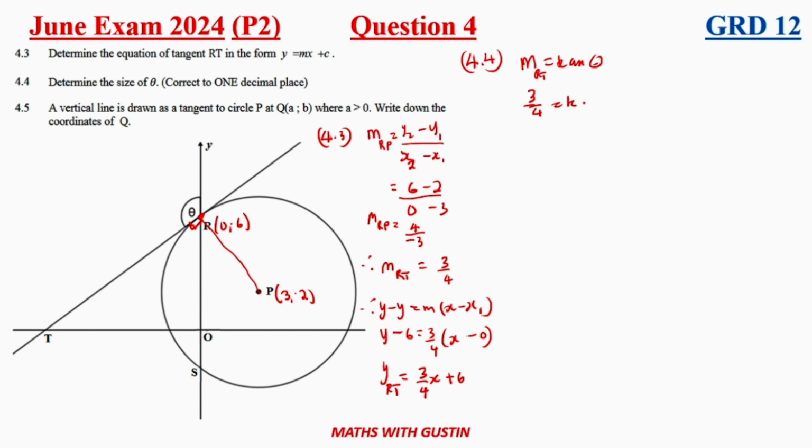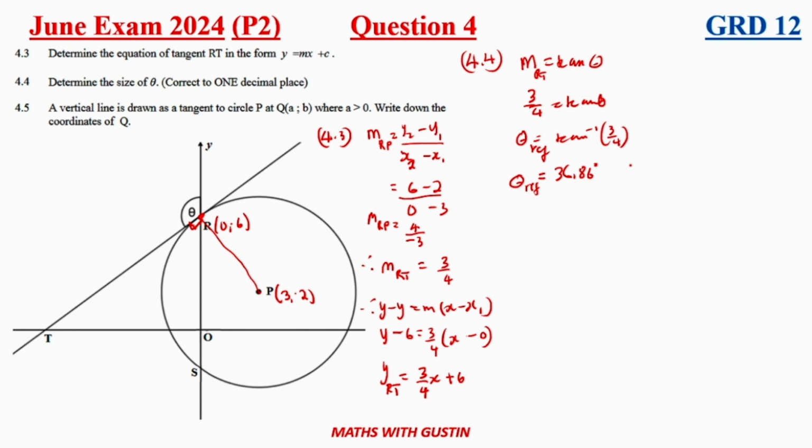So therefore, tan theta equals 3 over 4. So now we just have to go into our calculator, look for that reference angle, say second function, shift tan of 3 over 4. And then this would give us an angle of, I think it's 36.86 degrees.